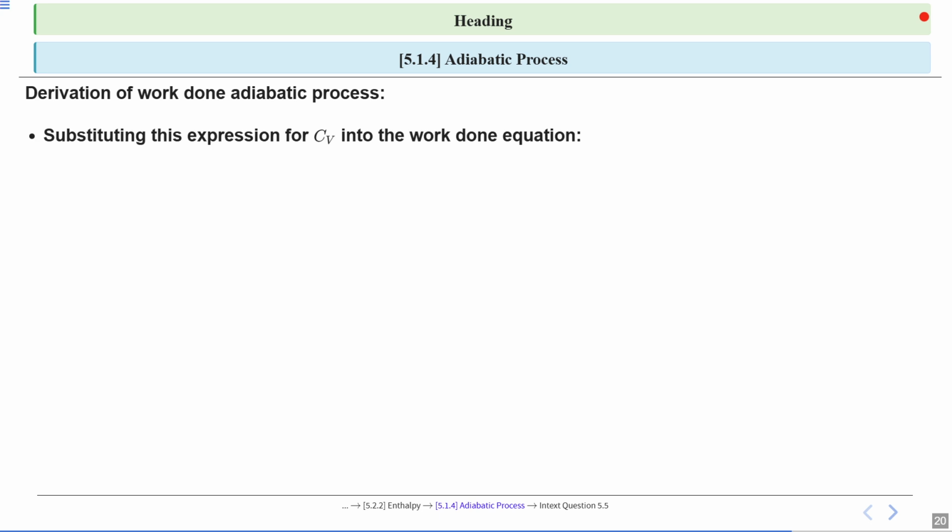What can we do? We can substitute the value of Cv in the work done. We got it as R by gamma minus 1, so we substitute it here. What was the previous formula? It was nCv delta T. Now nR delta T will be equal to P2 V2 minus P1 V1.